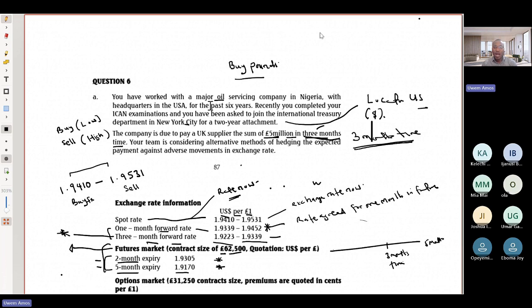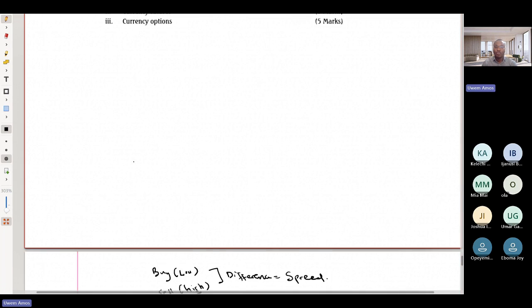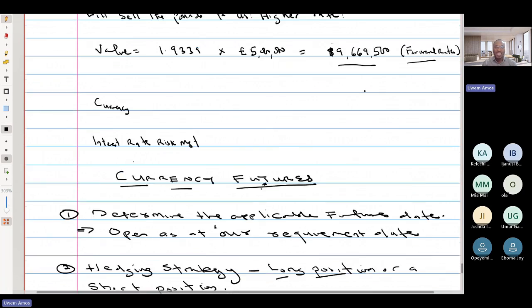If they go to the FX market to say we want to buy pounds, at what rate will the FX dealer sell the pounds to them? They'll sell at the higher rate, because that's what every business does. So the applicable rate for our transaction is 1.9531.